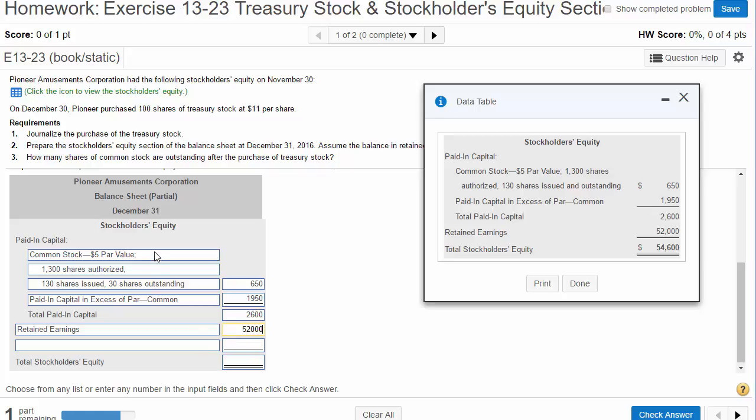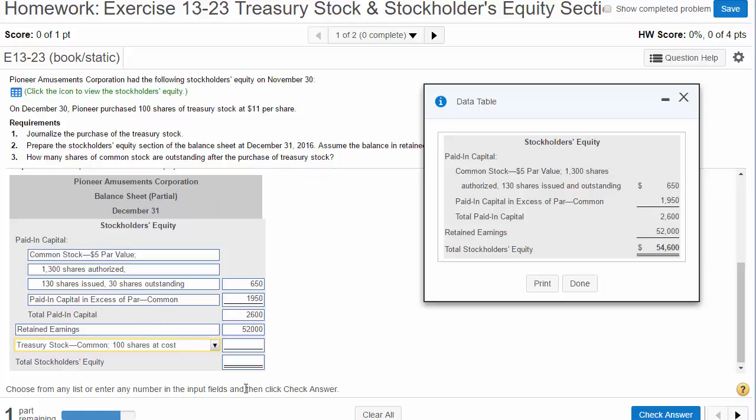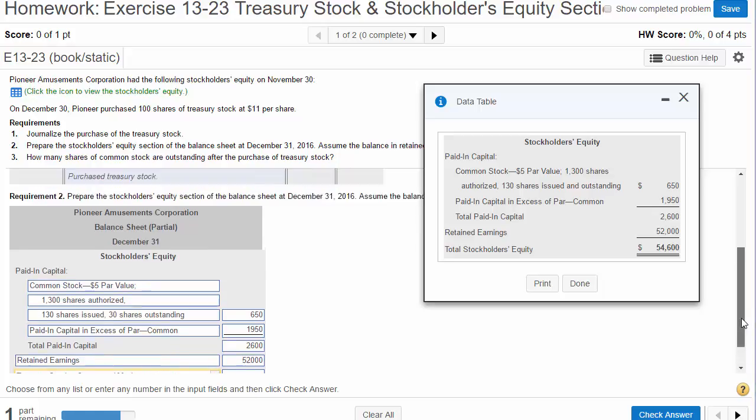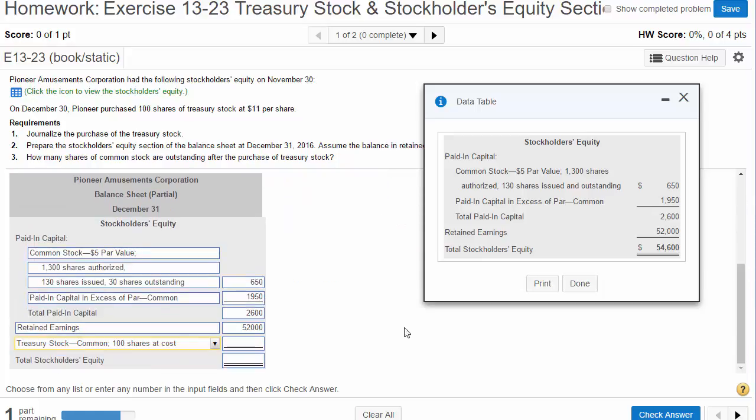And now we have to list Treasury stock at the bottom, and we have to list it at cost, not par value. And how much did that Treasury stock account go up? By $1,100.